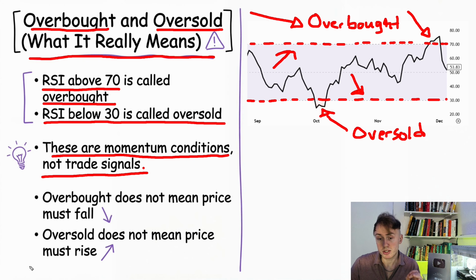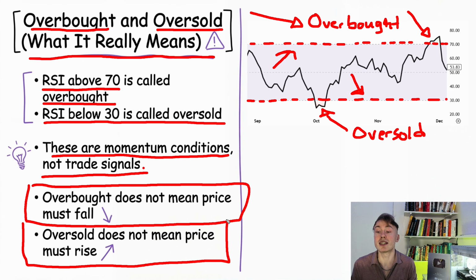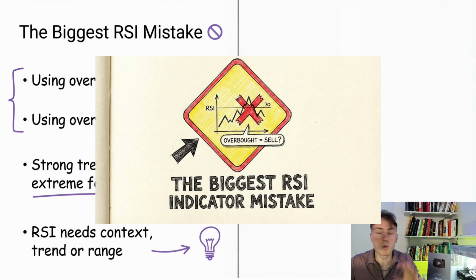So here, just to repeat, overbought does not mean price must fall, and oversold does not mean price must rise. And this leads directly to one of the most common and one of the most dangerous mistakes when it comes to using the RSI indicator.